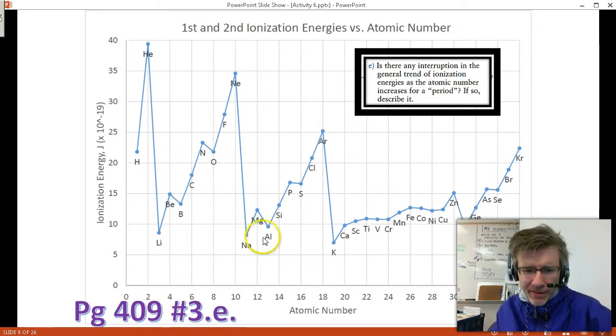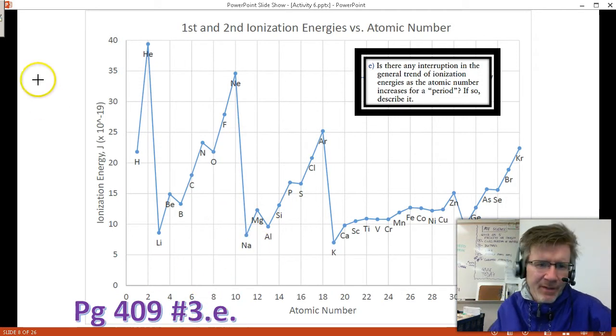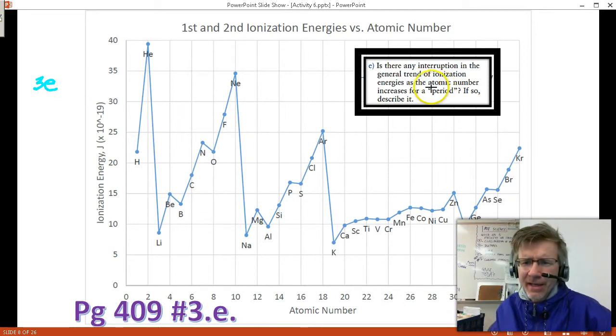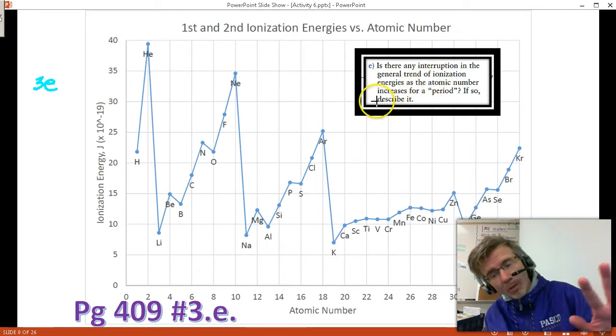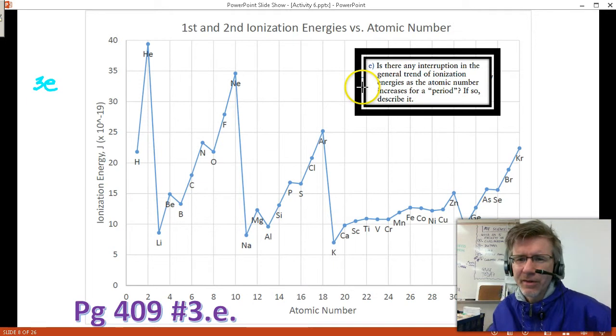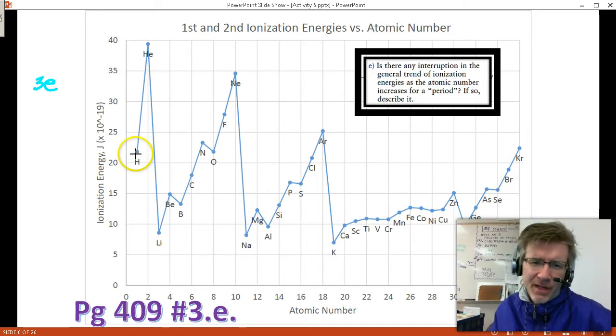409, number 3E. So write that on your paper here. I'm talking about 3E here. Is there any interruption in the general trend of ionization energy? So interruption means like, oh, excuse me, oh, whoa. So you get the idea. You'd think that you could go just straight up, bah, interruption.